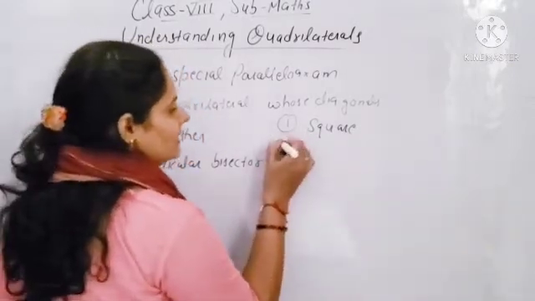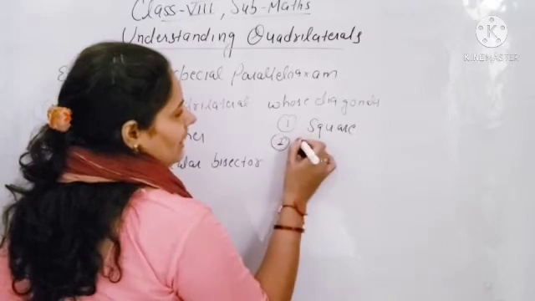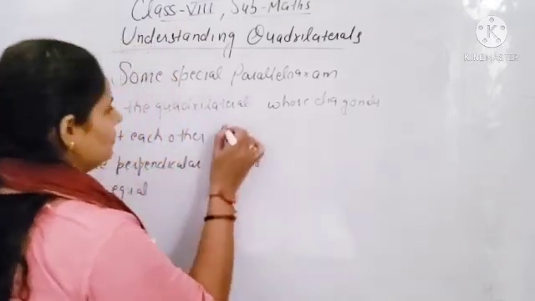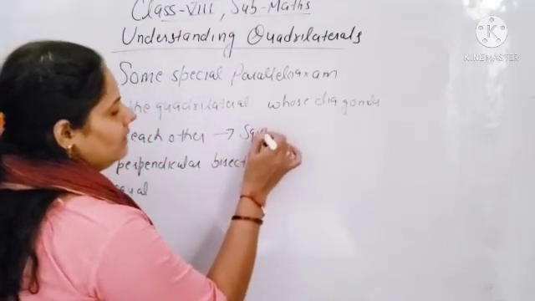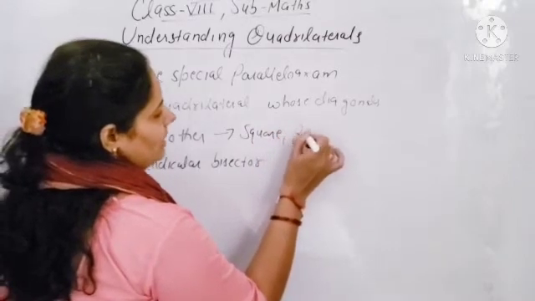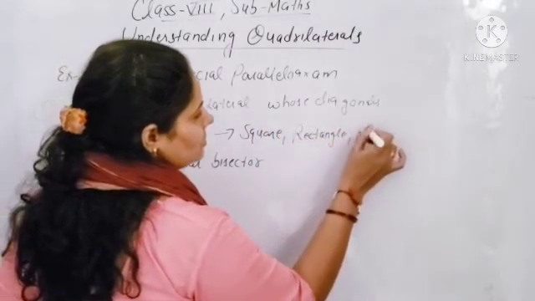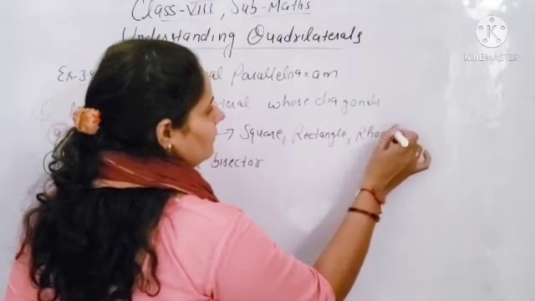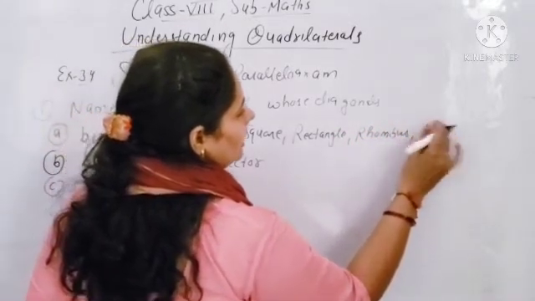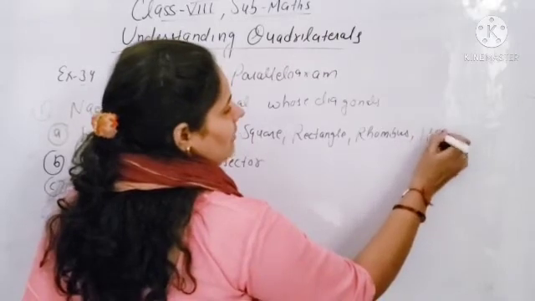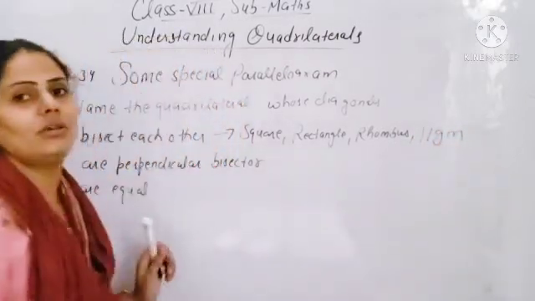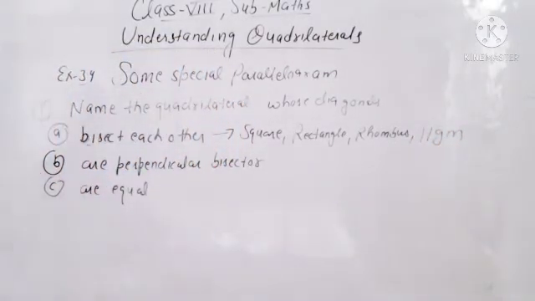So diagonals will bisect each other. Second one, rectangle. In a rectangle also diagonals will bisect each other. In a rhombus also diagonals will bisect each other. And last one is parallelogram. I have also told the property of a parallelogram: both the diagonals will bisect each other. Clear? Diagonals will bisect each other.